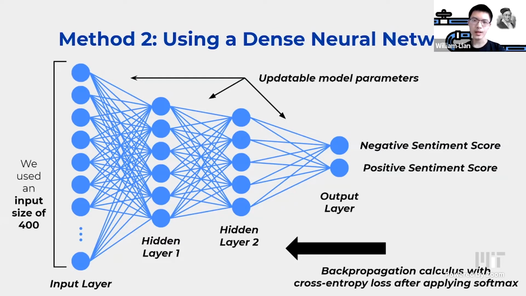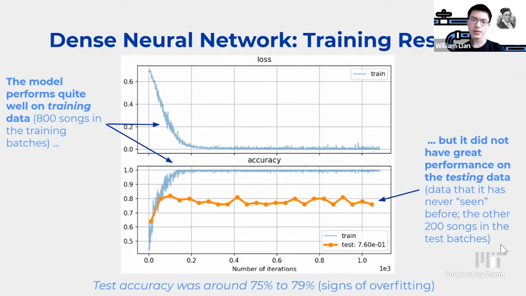And the way we train this model is with cross entropy loss, and we also applied softmax in addition to the Adam optimizer, which allows the model to have parameters that would better find patterns of the data. And the training results of this show that the model performs quite well on training data, which was 800 songs within the training batches.